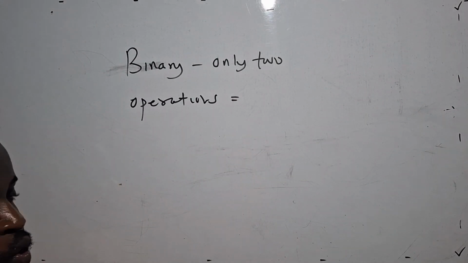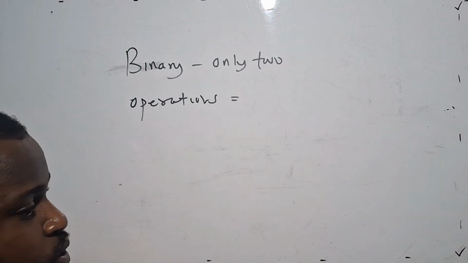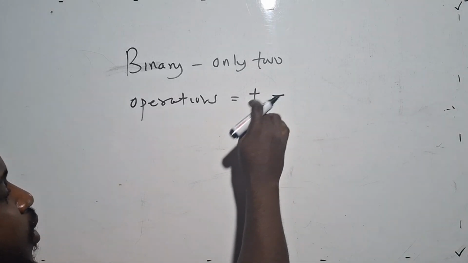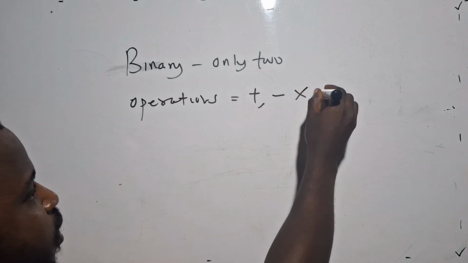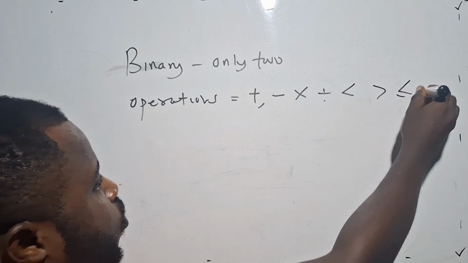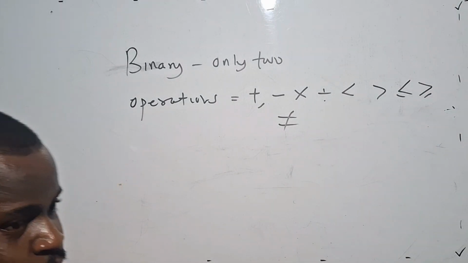In math, we use certain operation signs or symbols in our calculation. So we have the addition sign, the subtraction, the multiplication, the division, the less than, greater than, less than or equal to, greater than or equal to, not equal. These are operation signs.